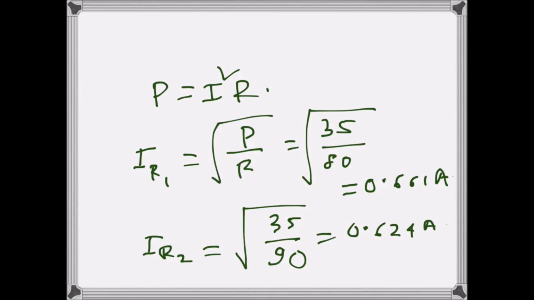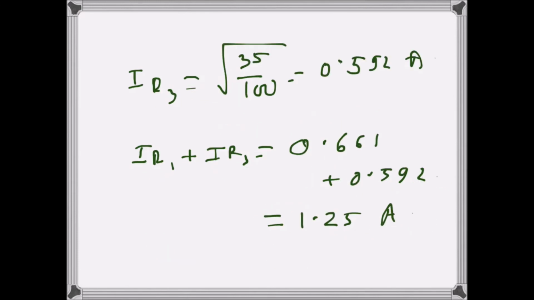That's the current, and we can see that this is within 5% of 1.2. 5% of 1.2 will be 0.06, so 1.25 amps is within plus 5% of 1.2 amps.